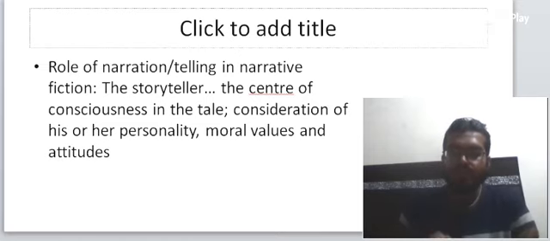His views, his viewpoint, his moral values and attitudes to some extent affect a reader's reception of that work. So we must be careful about his personality, moral values and attitudes.